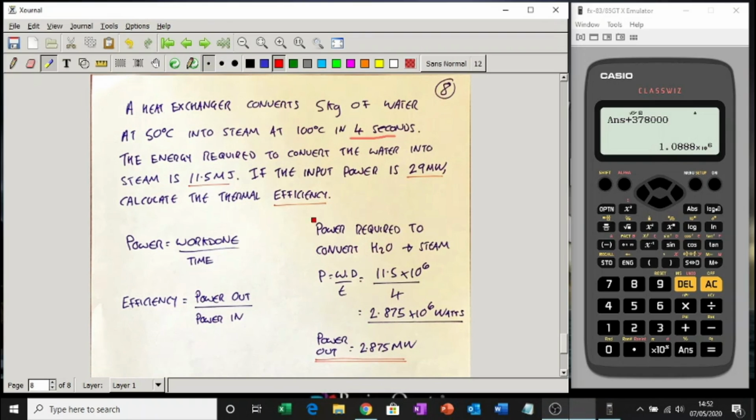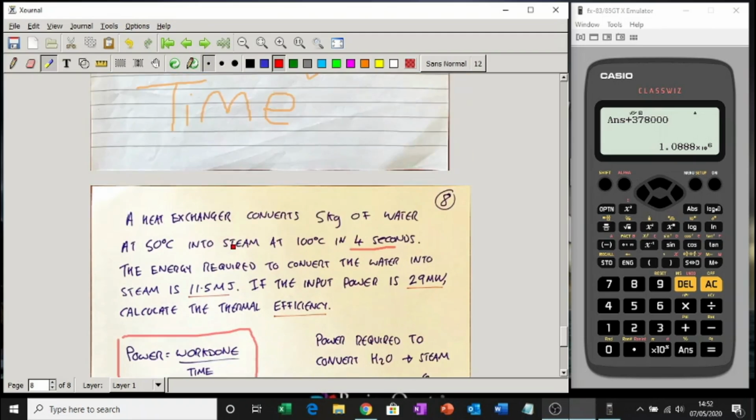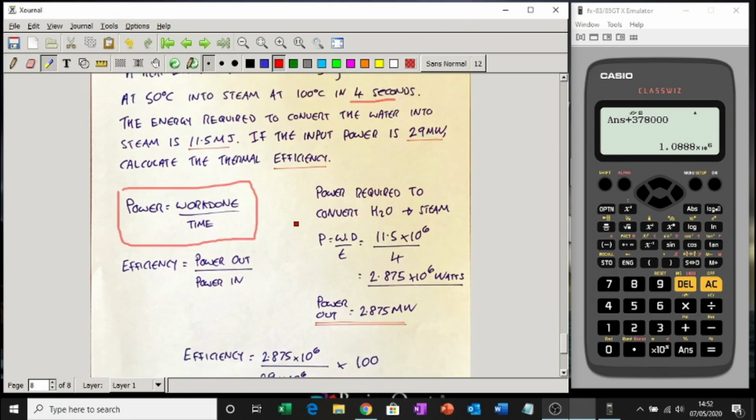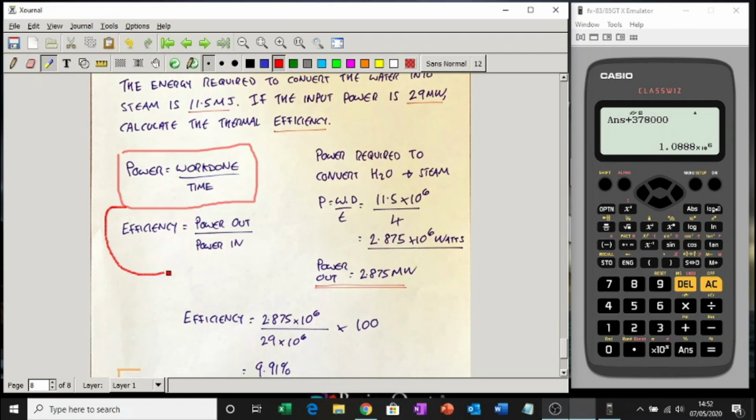All right? So power is work done over time, which we should know. So now we've got work done, which is energy, which is this. And we've got time, which is seconds. You may also know efficiency is power out over power in, times by 100 to get efficiency as well.